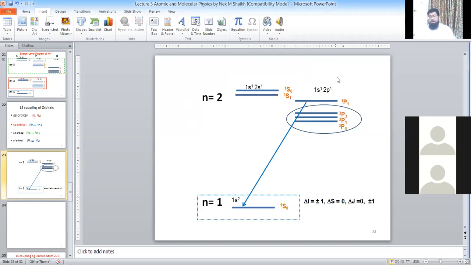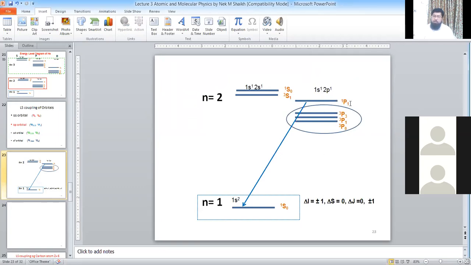Now if we look at this possible transition here, this is 1, this is 1. The multiplicity is 1, it means the spin of both is 0, so delta S is 0. This is the p orbital, it means L is equal to 1. This is the s orbital, meaning L is equal to 0. So therefore delta L is equal to plus minus 1.